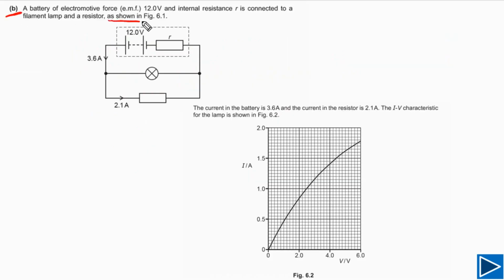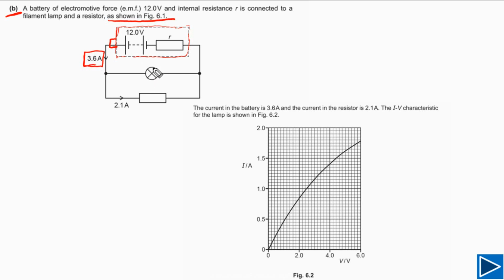For part B, a circuit is given to us, as you can see in figure 6.1. In this circuit, we have a power supply, or simply a battery, and this battery has internal resistance. The EMF of this power supply is 12 volts. The total current coming from the battery is also given, that is 3.6.